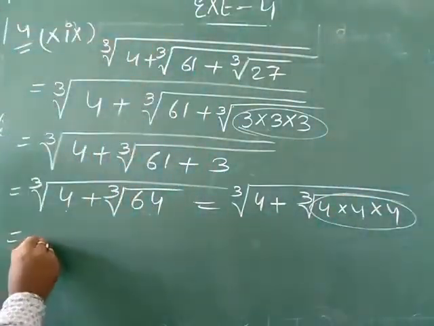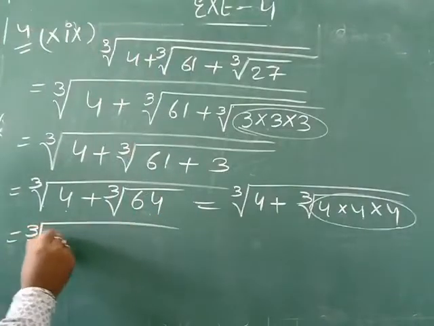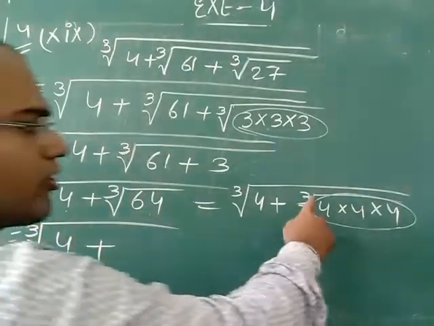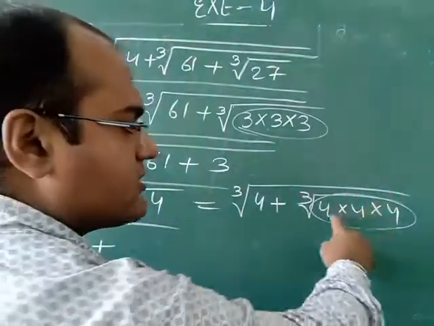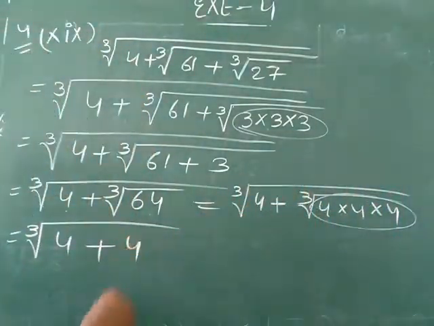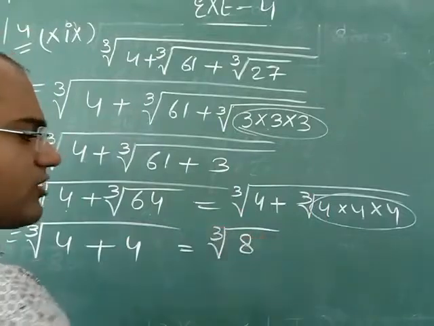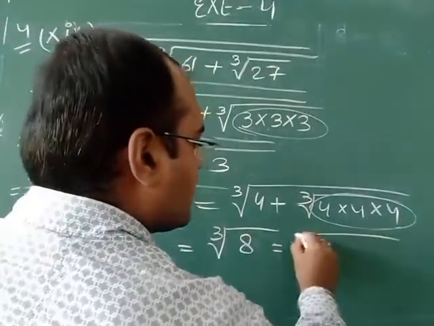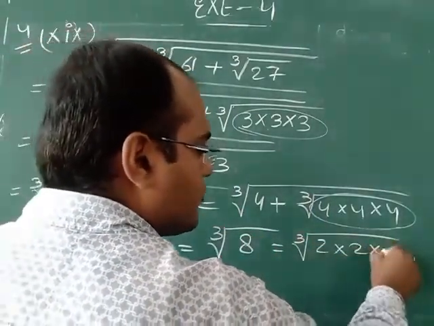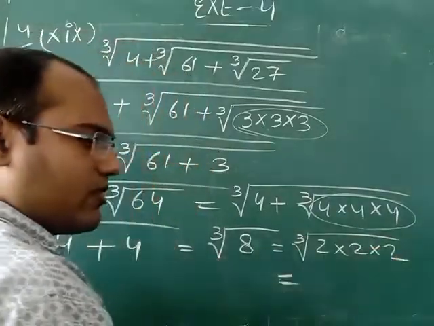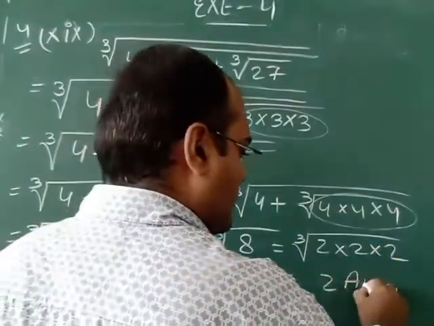So the answer will be cube root of 4 plus, now remove this cube root sign and write these 3 fours a single time. Now the answer is cube root 8, and cube root 8 is 2 into 2 into 2. So the final answer will be 2.